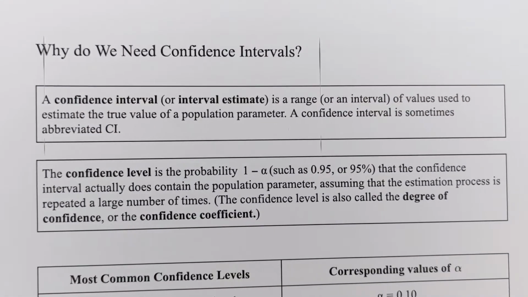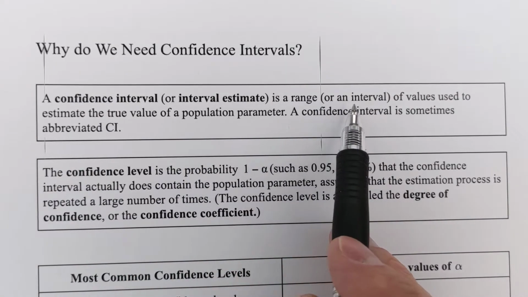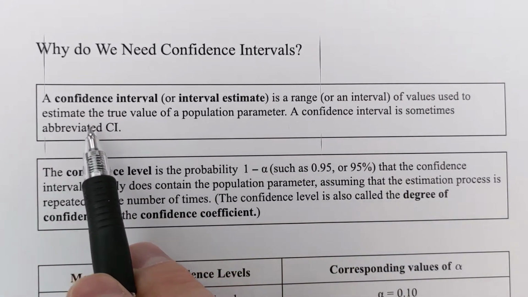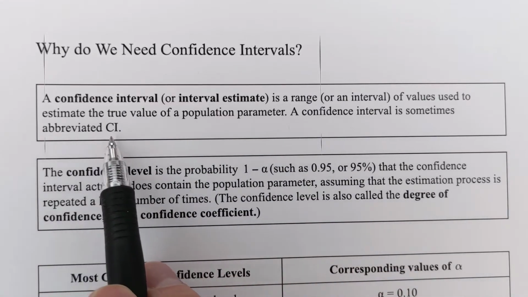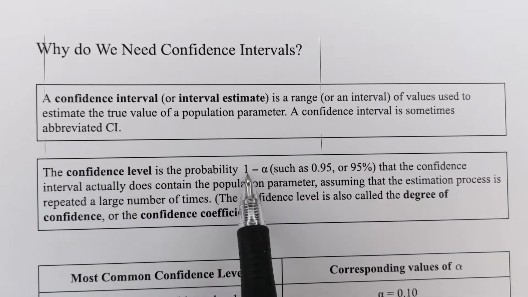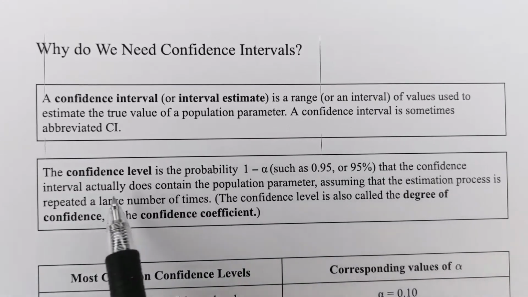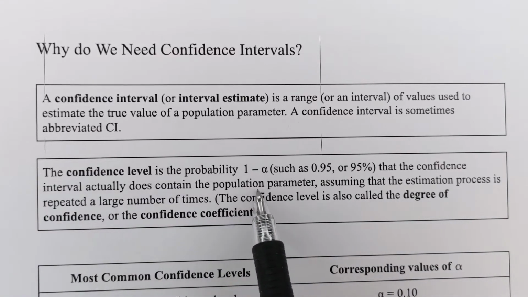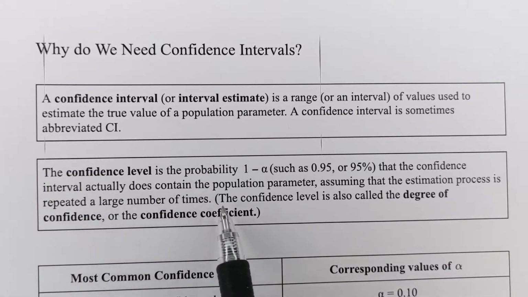Okay, so a confidence interval is a range or an interval of values used to estimate the true value of a population parameter. A confidence interval is sometimes abbreviated CI. The confidence level is the probability 1 minus alpha, such as 0.95 or 95%, that the confidence interval actually does contain the population parameter, assuming the estimation process is repeated a large number of times.